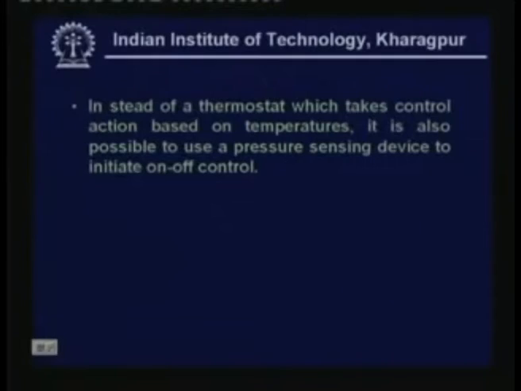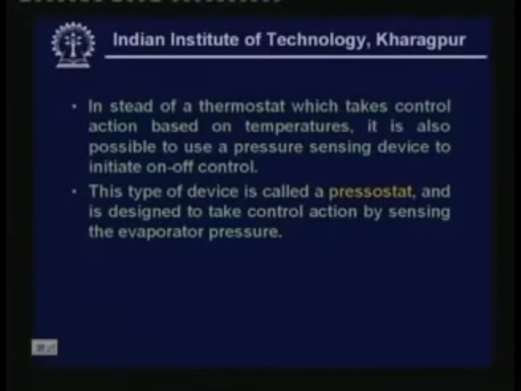Of course, in some of the systems, instead of using a thermostat, you can use what is known as a pressostat. That means instead of sensing the temperature of a conditioned space or the temperature of the evaporator and taking a control action, you can sense the pressure of the evaporator. When the evaporator pressure falls below a certain cutout pressure, you can switch off the compressor, and when the evaporator pressure increases to the cut-in pressure, you can again switch on the compressor.